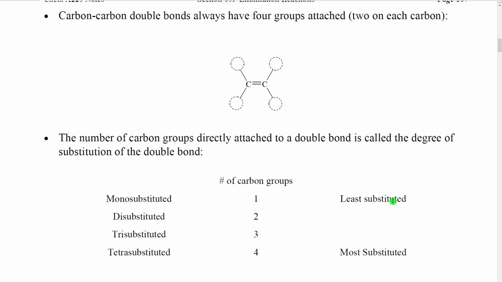And that would be the least substituted double bond. We could then have two carbon groups attached, either both on the same carbon or one on each carbon. That would be di-substituted. We could have three carbon groups attached. That would be tri-substituted. And the most substituted double bond has 4 carbon groups attached.